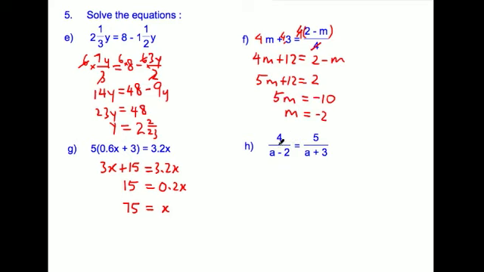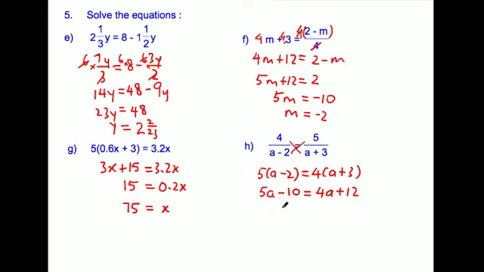Again, we have a single fraction on each side. We need to cross multiply. When we cross multiply, we put the bigger term in a on the right hand side, on the left hand side. Opening up the brackets, we have 5a minus 5 times 2, 10, 4a plus 4 times 3, 12.